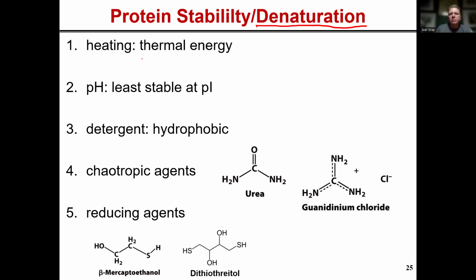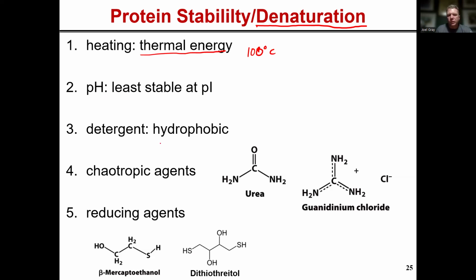One way that can be done is with thermal energy, by heating it up. So we're talking about 100 degrees or higher. Keep in mind, this is an aqueous environment, so it's probably in water. And so what's the boiling point of water? 100 degrees Celsius. pH: well, your protein is going to be least soluble at its pI.